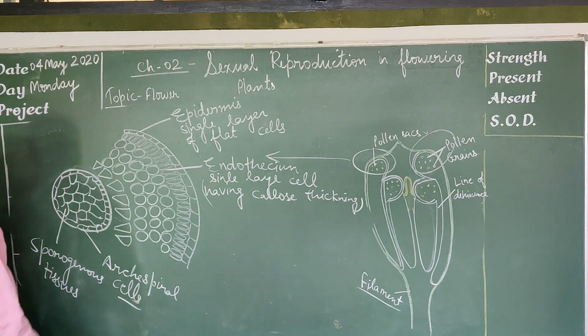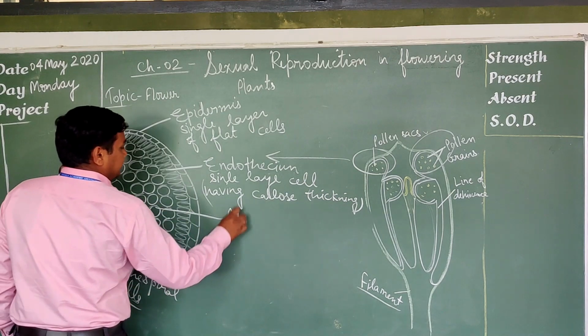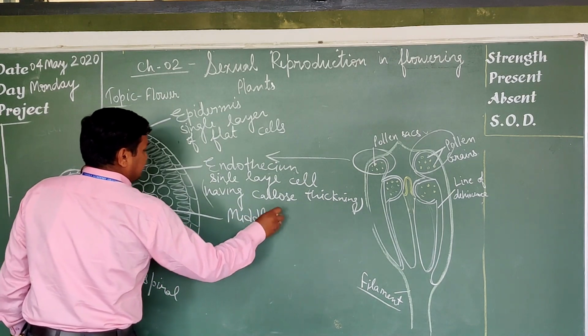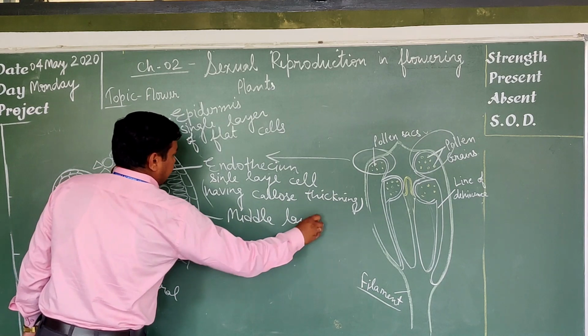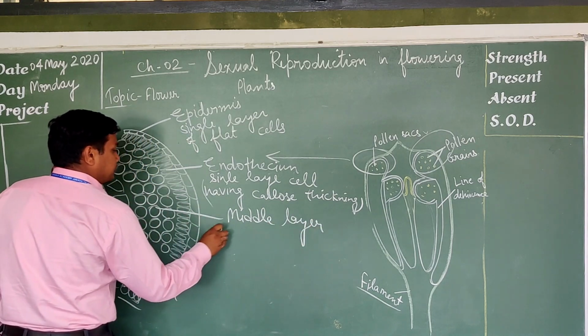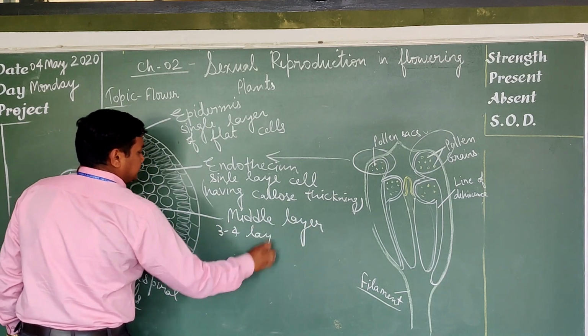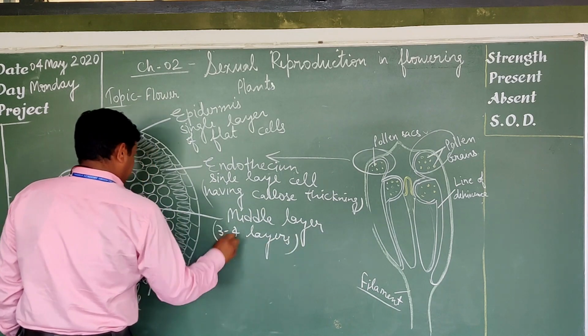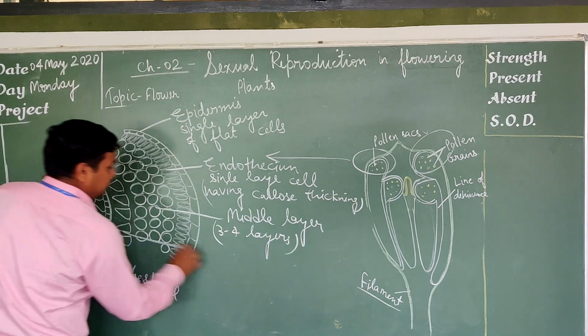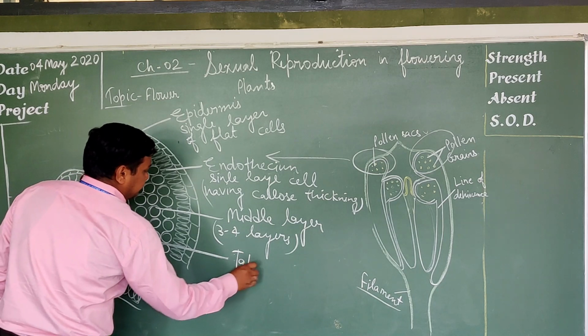Next is the middle layer, composed of 3 to 4 layers, and the innermost layer is known as tapetum.